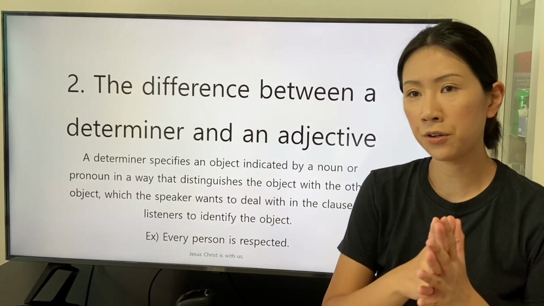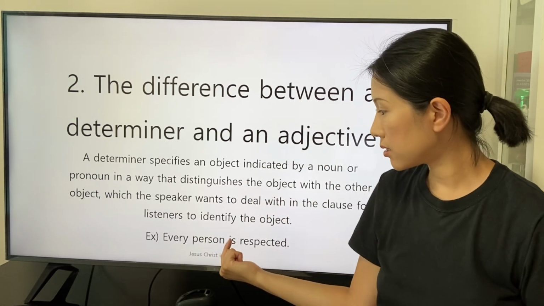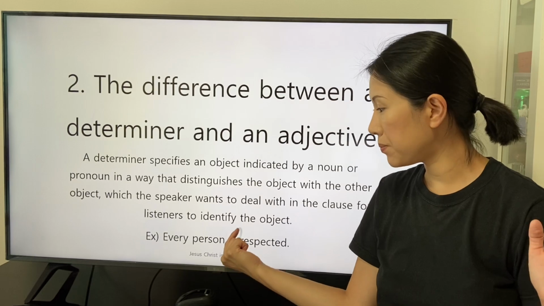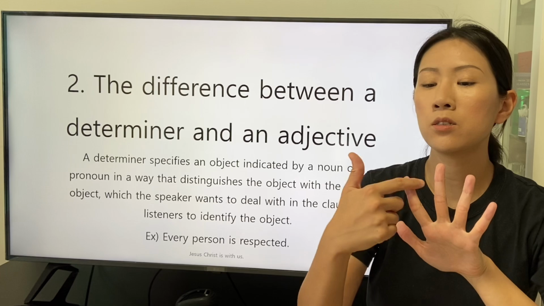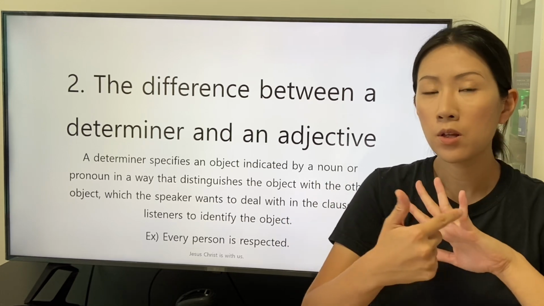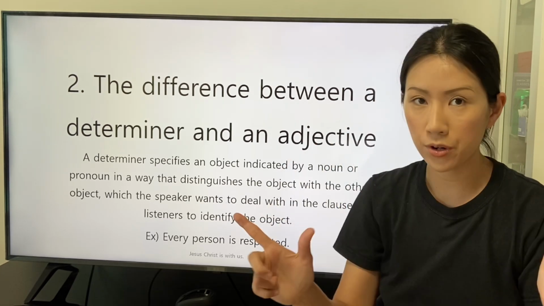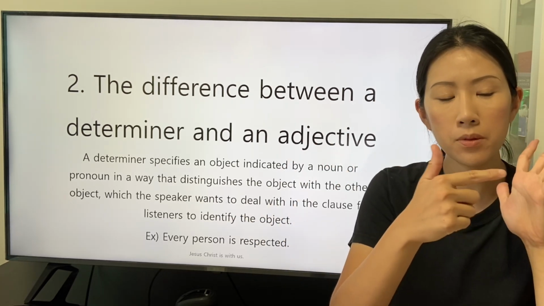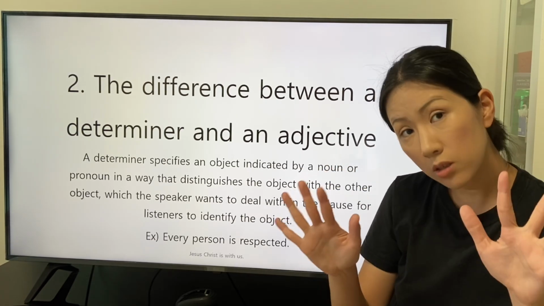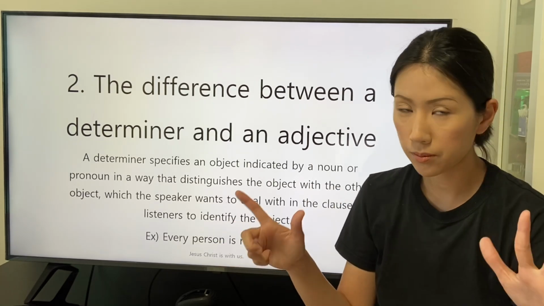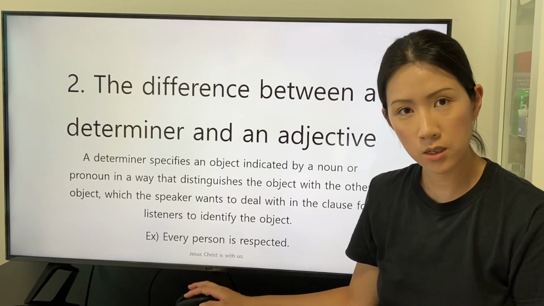The application of the determiner every makes the description by the be verb is applied to every subject from person 1 to person 7 all together. The 7 subjects from person 1 to person 7 have in common the fact that the subjects are described by the be verb is.